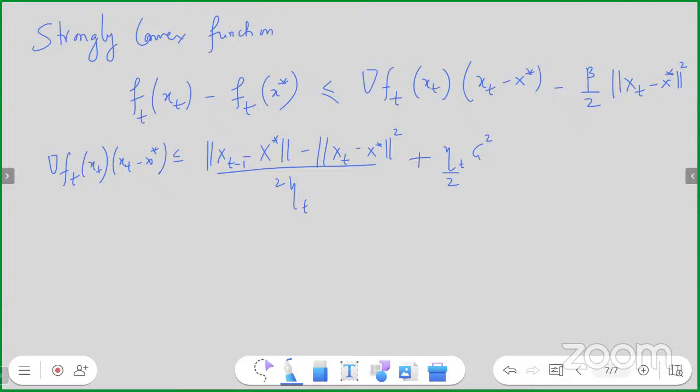When this term was absent, all I could do was get 1 by eta capital T plus summation of eta t itself. I chose eta t equal to 1 by square root t and balanced out the two terms. Now because of that additional minus, what am I getting?